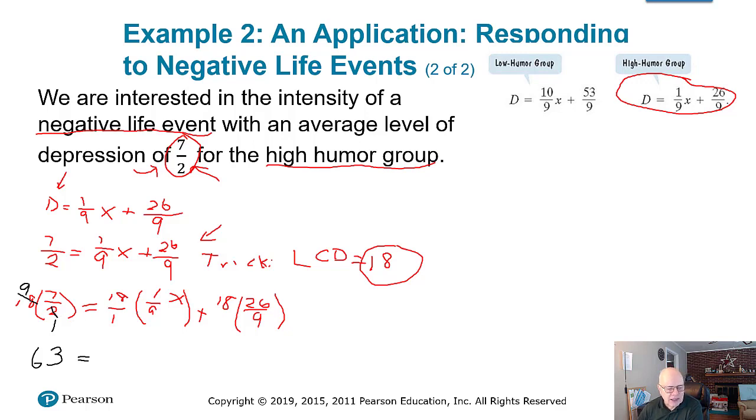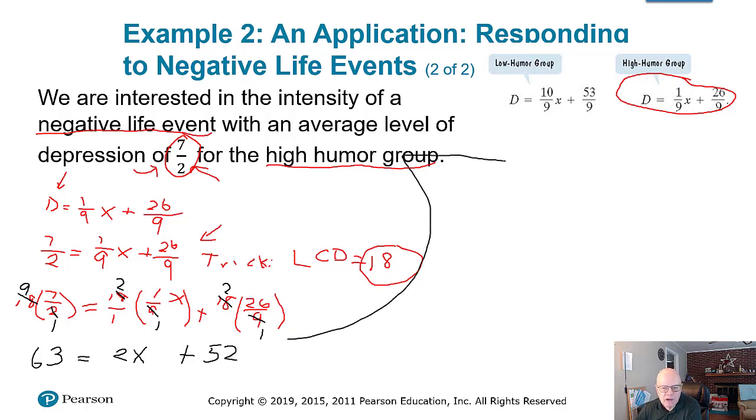When I multiplied by the least common denominator, I didn't have any fractions anymore. So we're going to keep on going. 9 into this is 1, 9 into this is a 2. So we've got 2x. No fractions, that's the deal. And over here, 9 into this is 1, 9 into this is 2. 2 times 26 is 52.